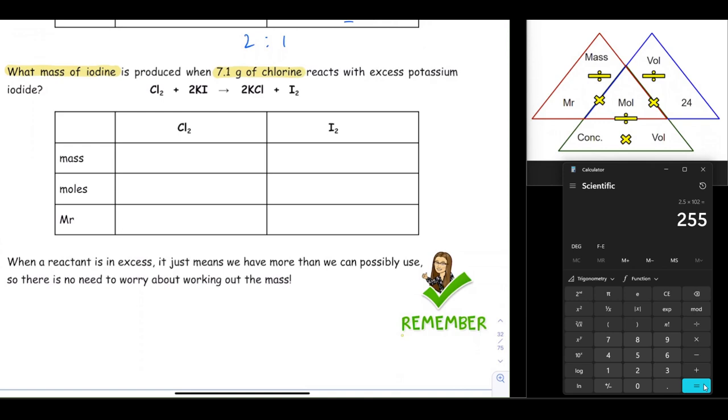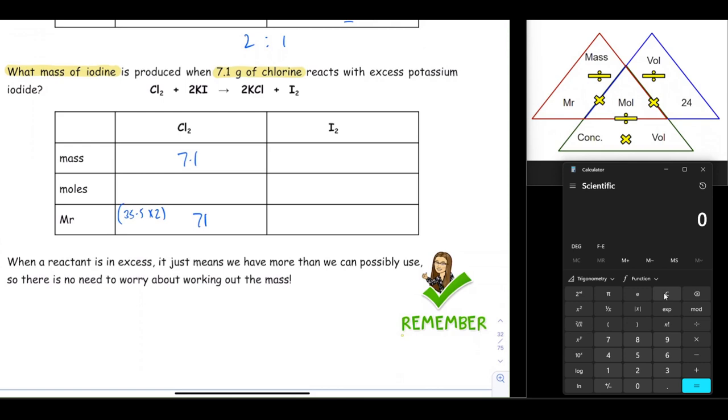I just plug in what I've got, 7.1 grams. Chlorine is 35.5 times 2, which gives us 71.